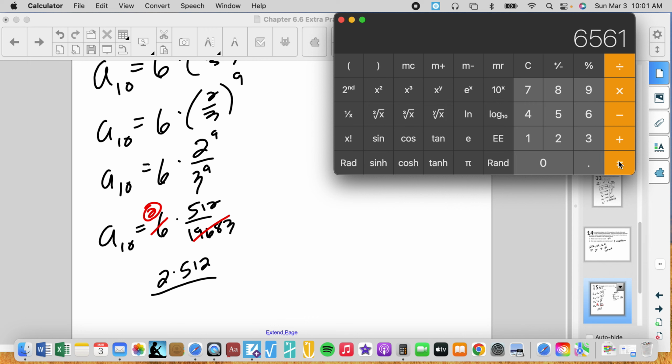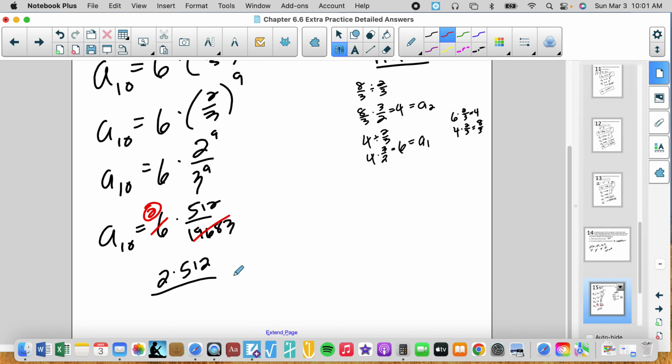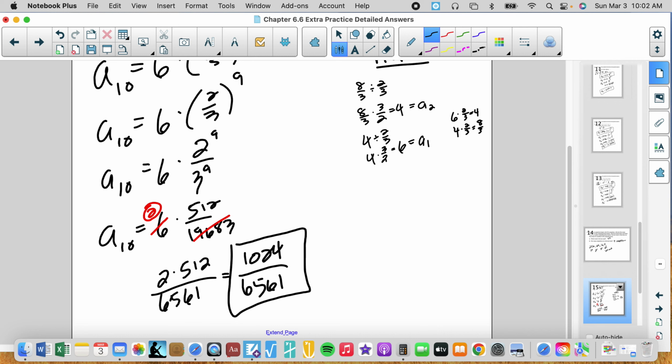That gives us 6561, and 512 is not going to be a power of 3 because it's a power of 2, prime factorization, 2 times 2 times. So 1024 over 6561 will be my 10th term.